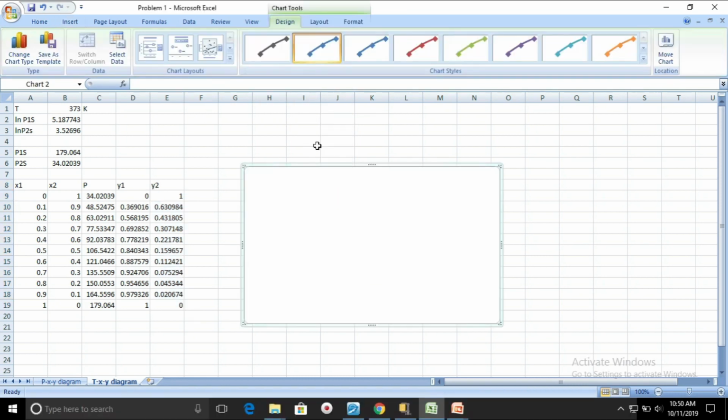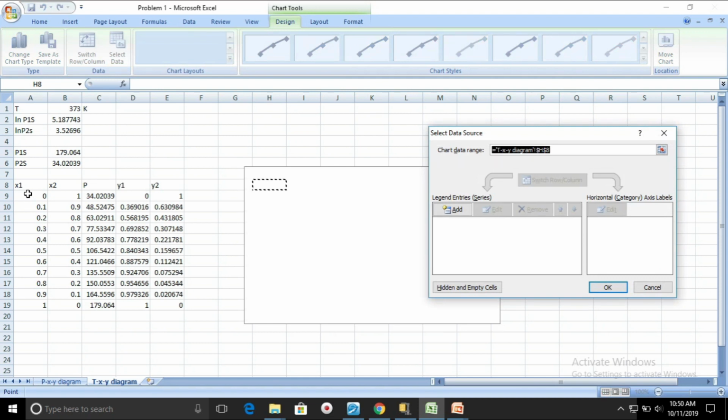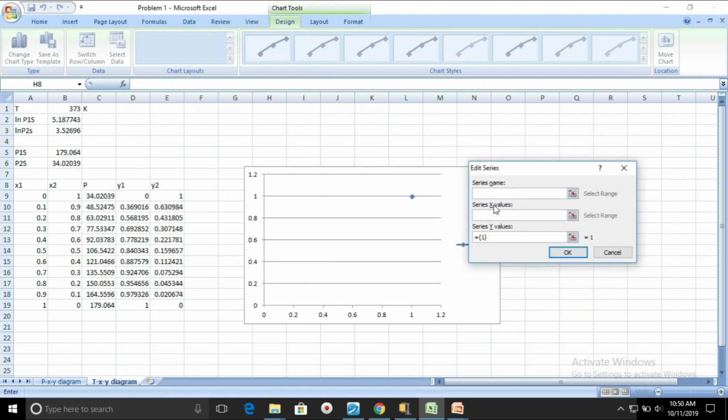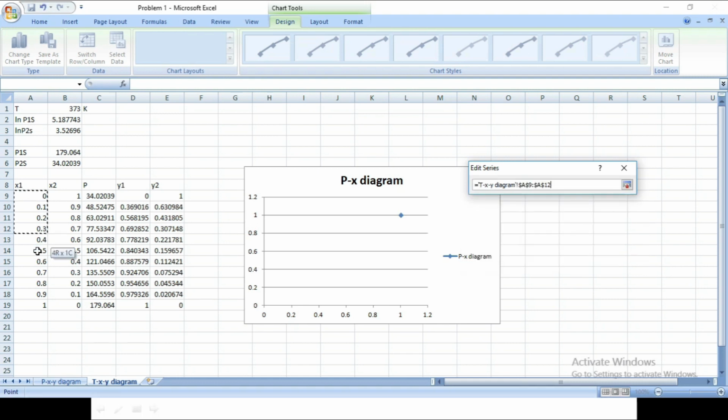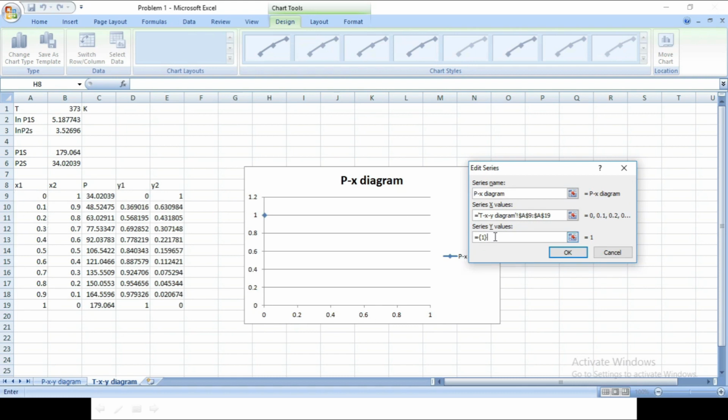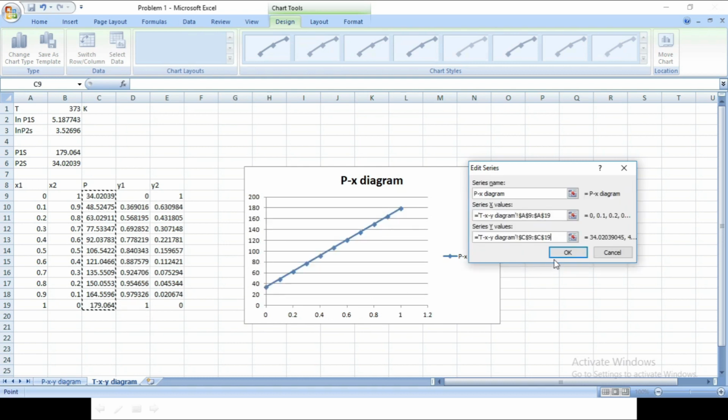Scatter, select data, add series name P-X diagram, X values, entire X1 column, Y values, P data. Thus we have plotted the PX diagram.